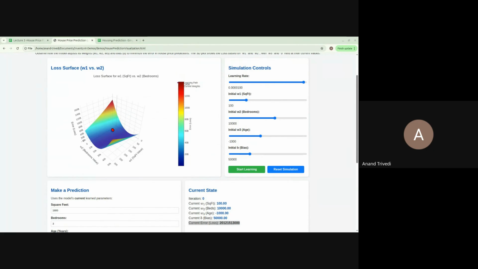The formula for weight was present. I did write it in one of the visualizations also for reference.